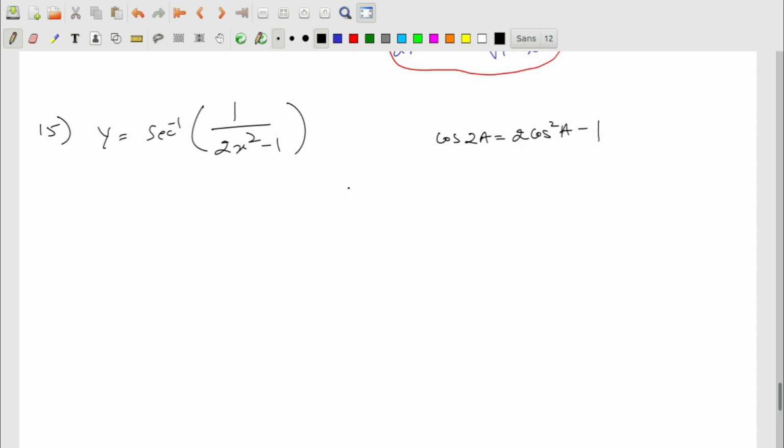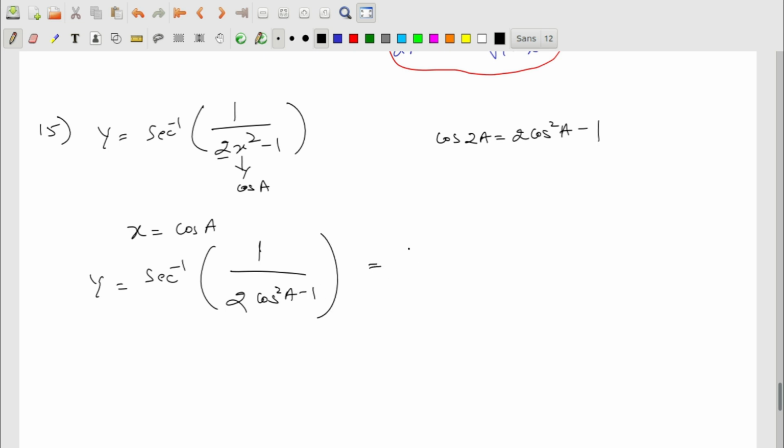Let's see how we can use this one. So now here 2 and this as cos of a. So let me take x is equal to cos of a. So what we get? Y is secant inverse 1 divided by 2 times cos square a minus 1. Next, secant inverse 1 divided by cos of 2a.